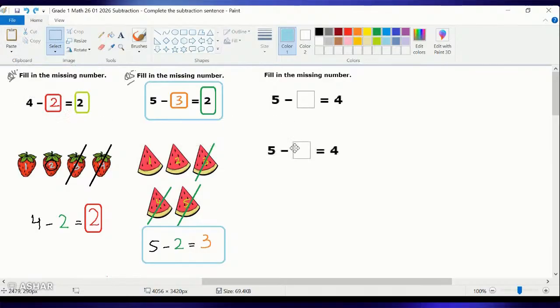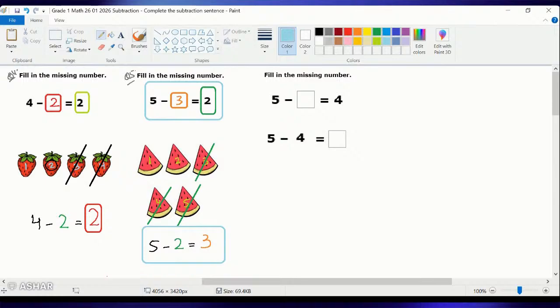So now if I copy this again, can I just simply interchange these places? Can I bring this number from here to here and this from here? They both would have the same answer, right?